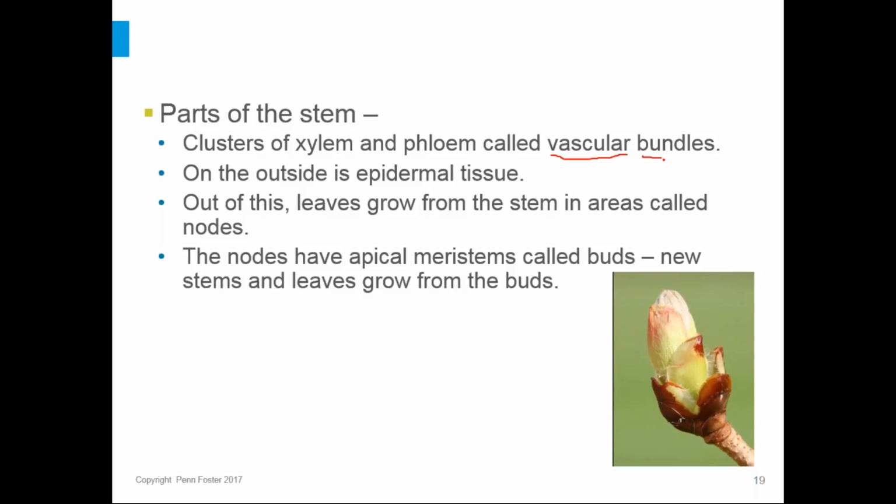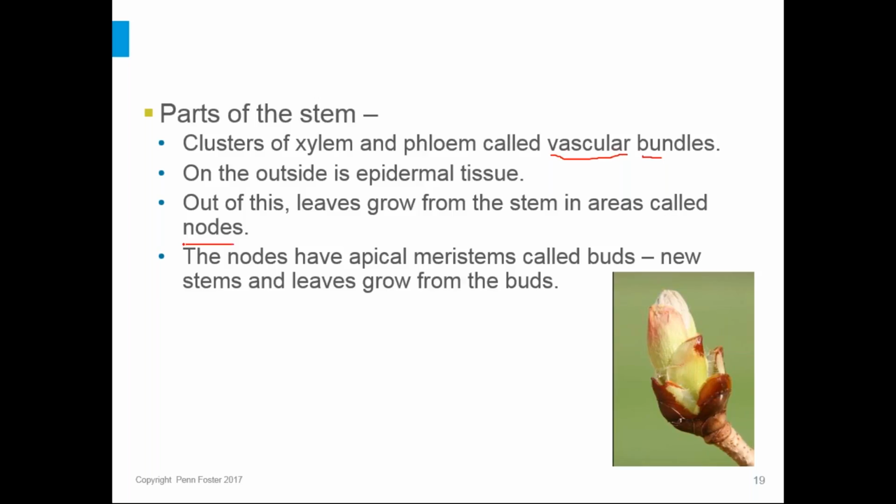The outside of the stem is epidermal tissue, and that's often covered in an extra layer of wax to help protect it. And then out of this epidermal tissue, leaves grow from the stem in areas called nodes.